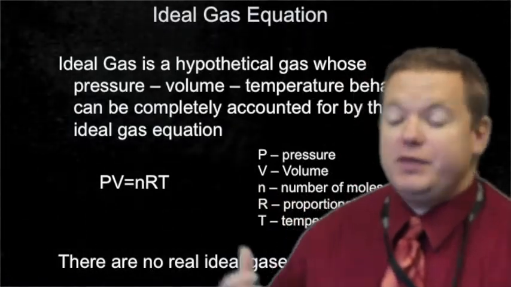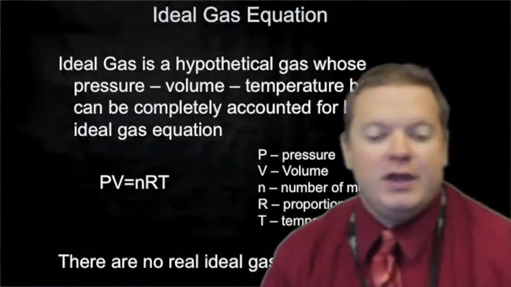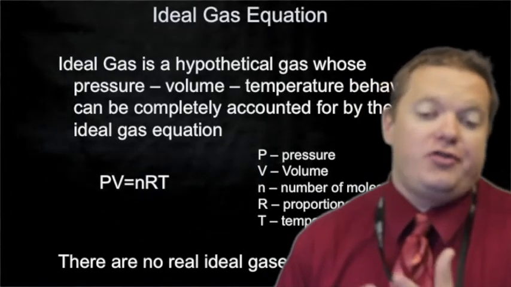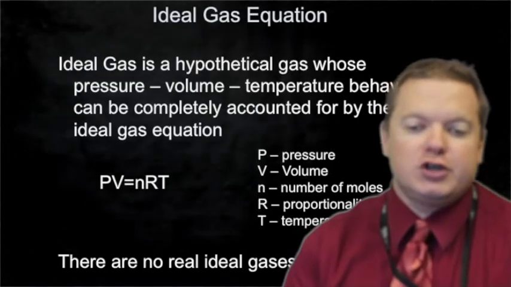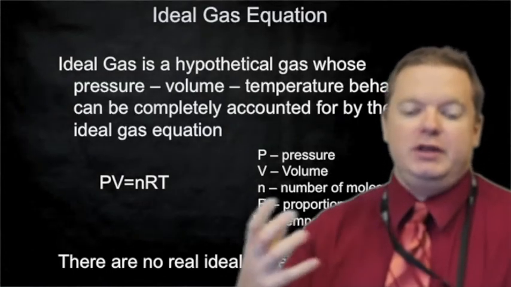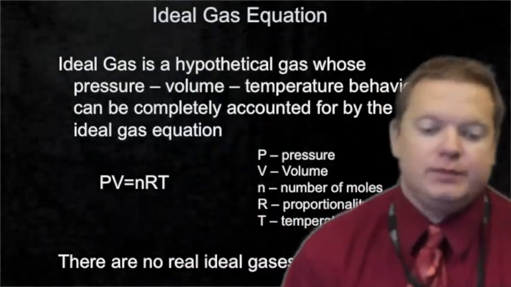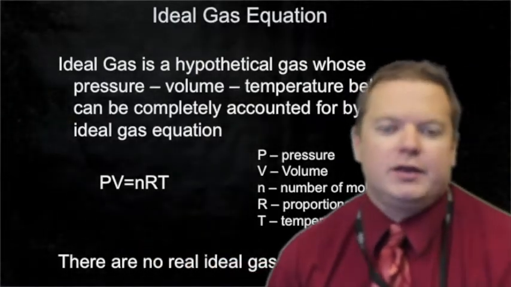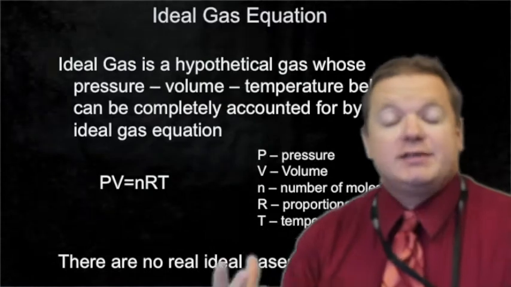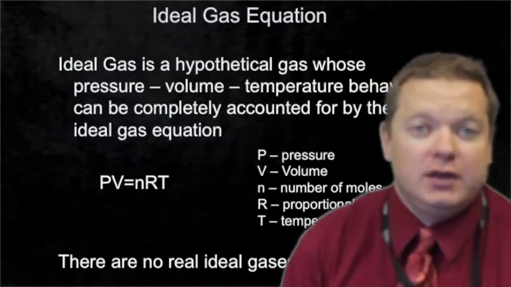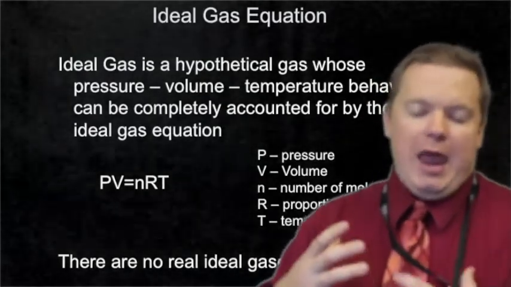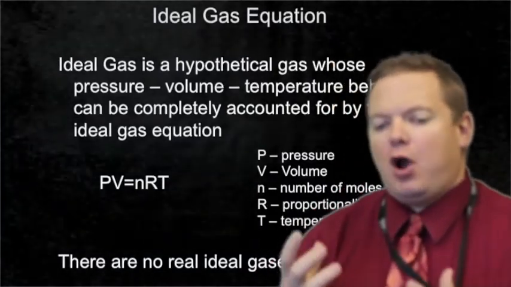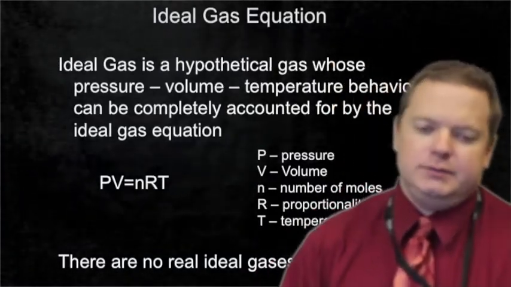You're probably familiar with the ideal gas equation, PV = nRT. It describes the behavior of an ideal or hypothetical gas whose pressure, volume, and temperature behavior is completely accounted for by this equation. But one thing to note, there are no real ideal gases. Gases can behave close to ideal under certain conditions, and most of the way we're going to describe them is pretending they're ideal gases, but there aren't any real ideal gases.